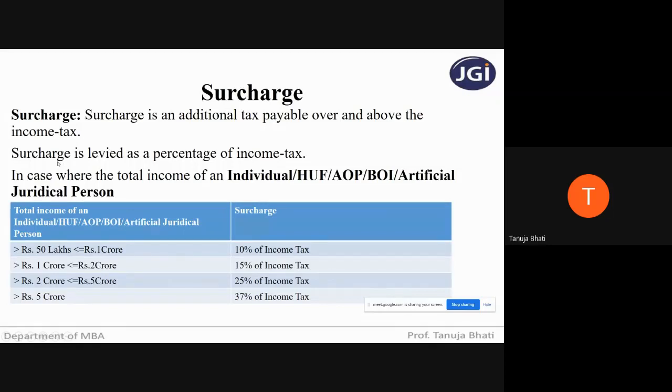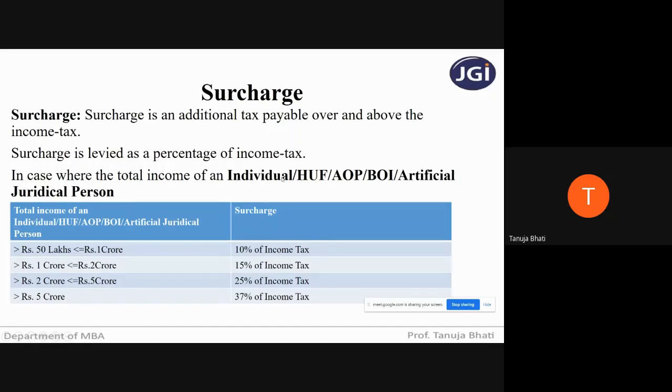So when you calculate surcharge, you have to calculate it on income tax. And income tax you calculate on total income. Remember students, income tax is calculated on total income. Surcharge is calculated on income tax. That is why surcharge is called tax on tax.